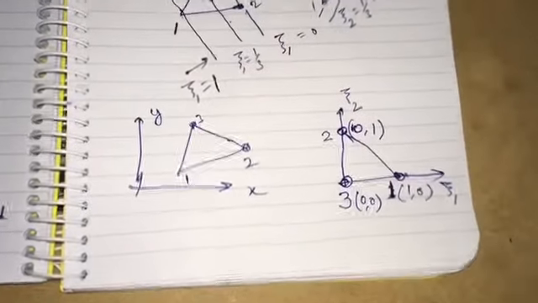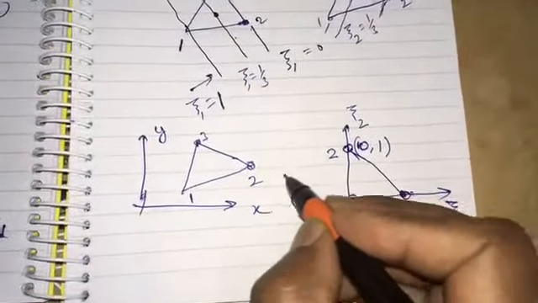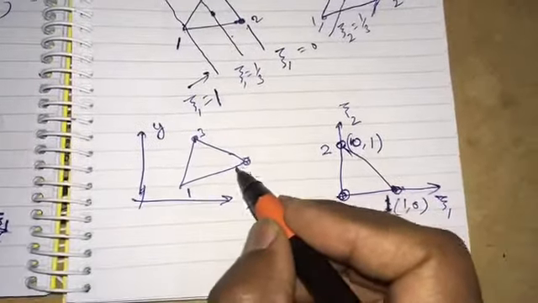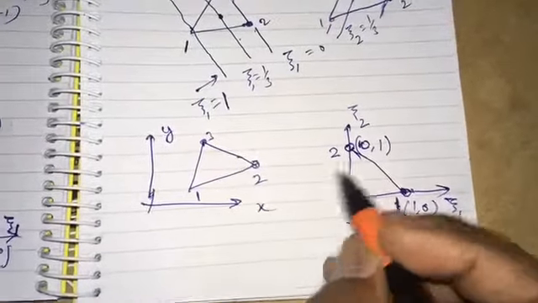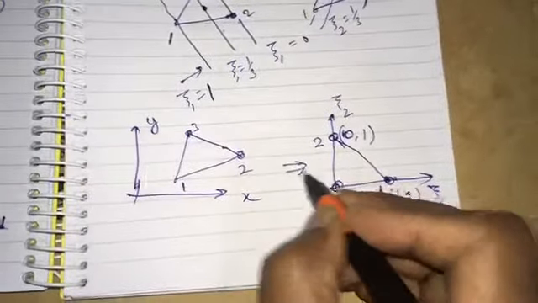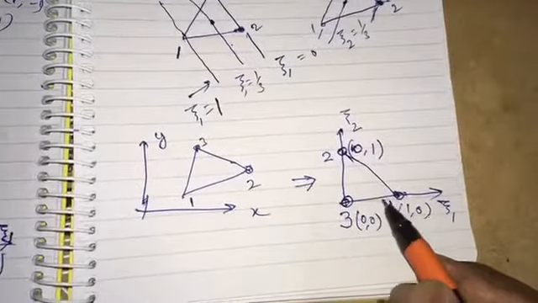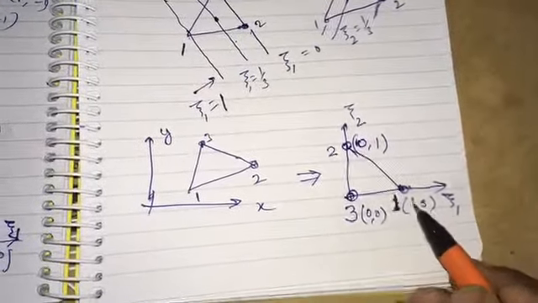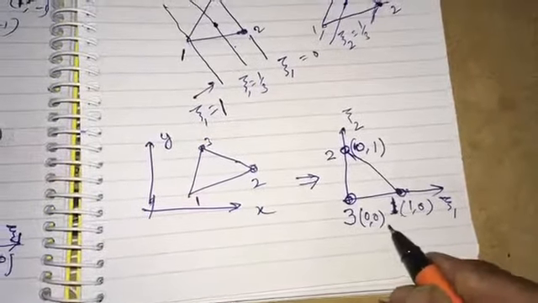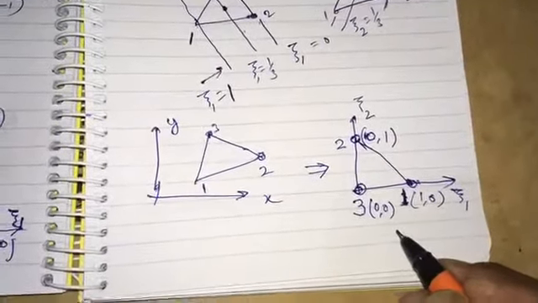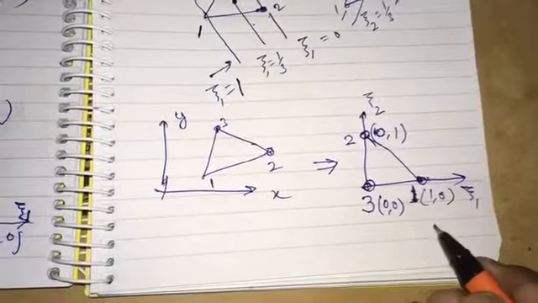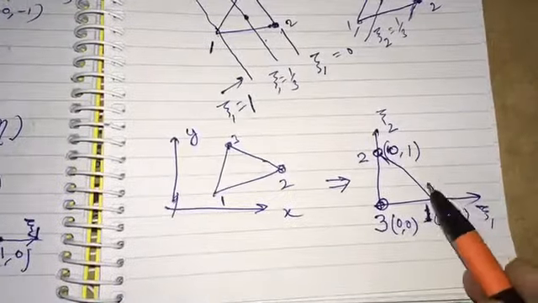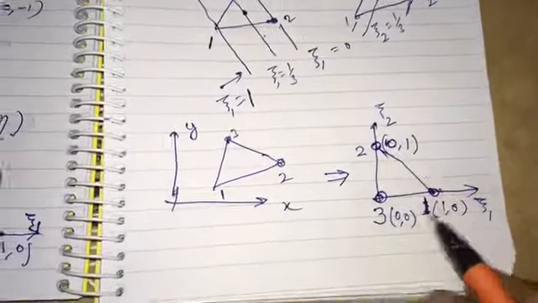Once you have transformed from one triangular element to an isoparametric element like this one, then the next step is how to find the shape functions in the transformed coordinate system.